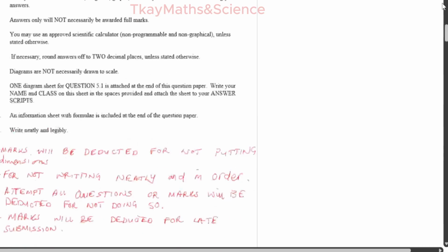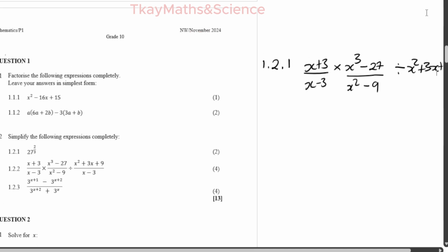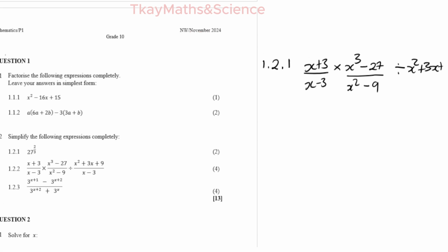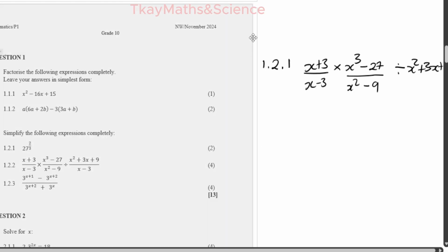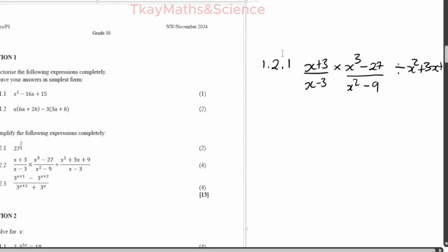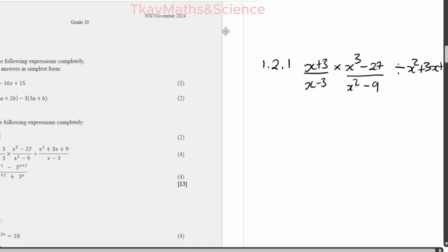Let me just come over here. Let me just do this, so that we can get more space here.